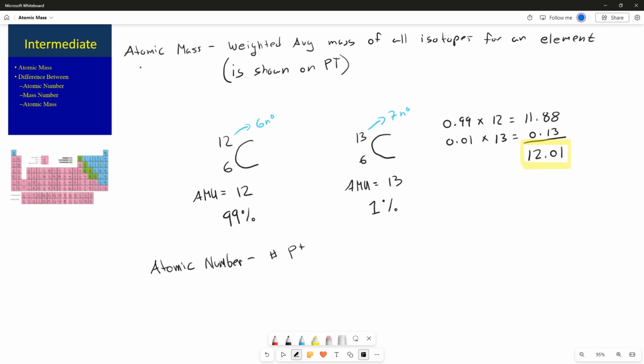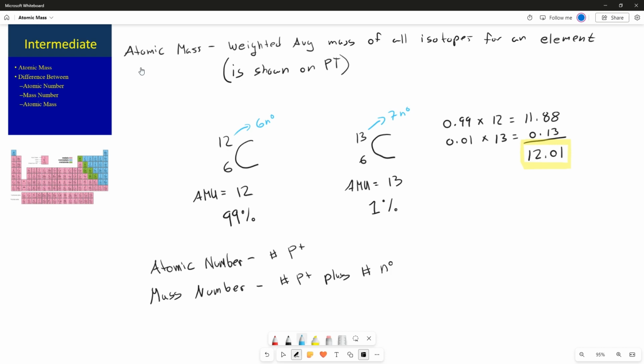And then what does the mass number mean? Well, the mass number is the number of protons plus the number of neutrons in an atom.